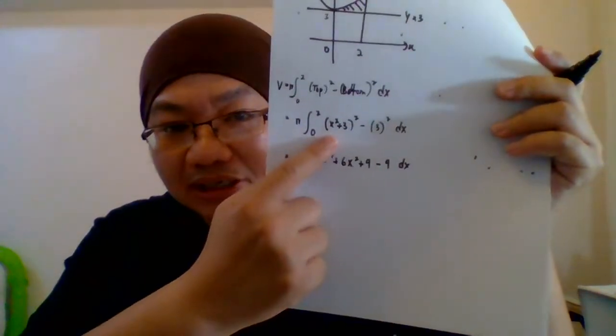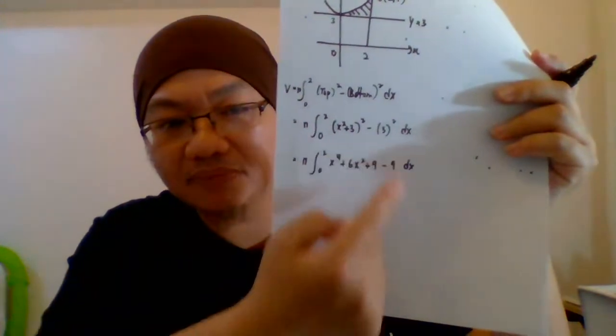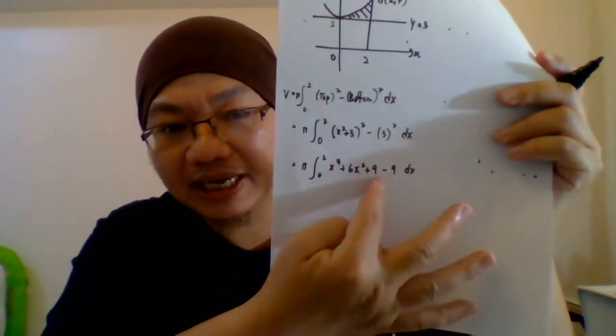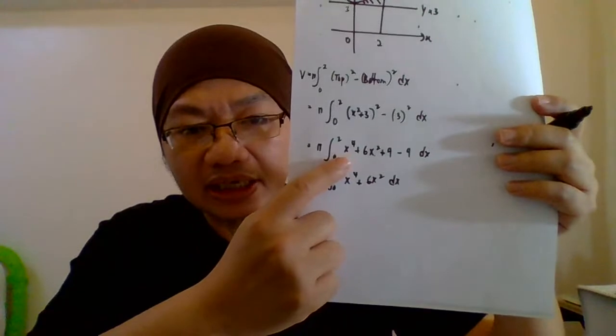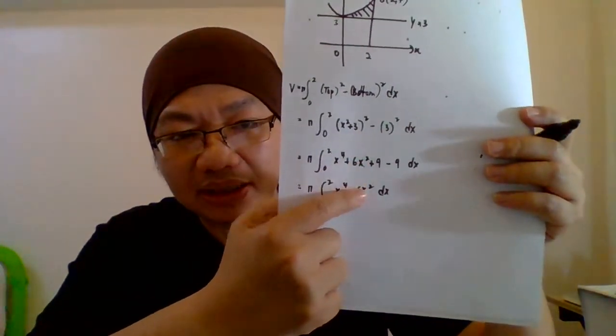When you expand the top and the bottom, you get this. 9 minus 9 cancels out, so what is left? Pi integral 0 to 2 of x power 4 plus 6x squared dx. The 9 minus 9 is gone.